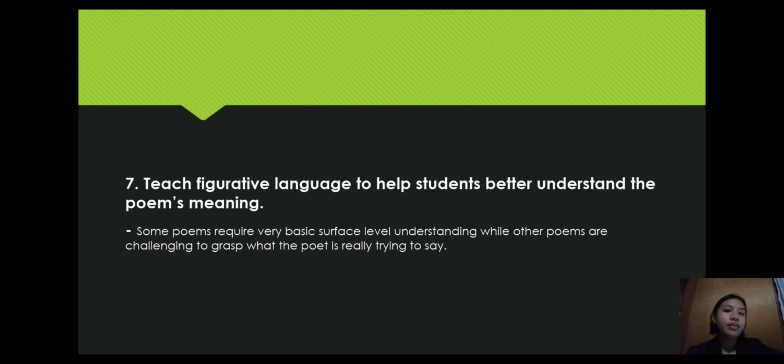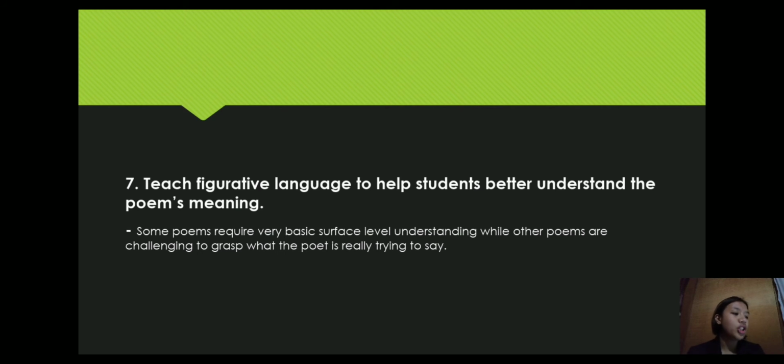Number 7, teach figurative language to help students better understand the poem's meaning. Some poems require a very basic, surface level understanding, while other poems are challenging to grasp what the poet is really trying to say.